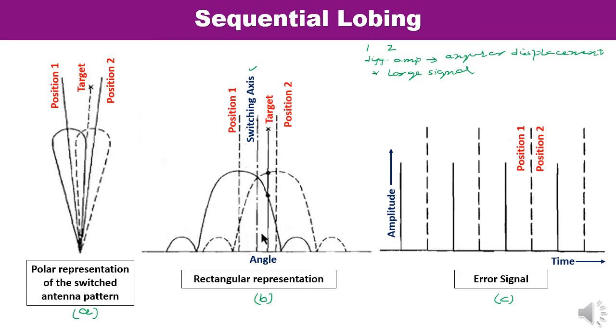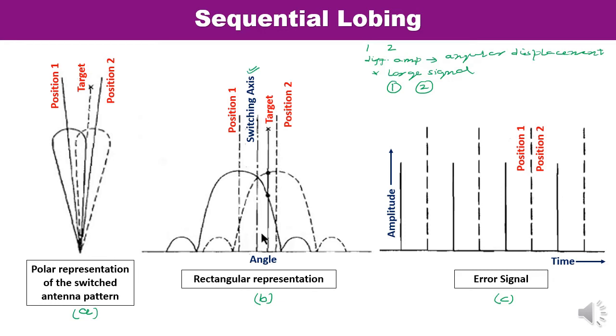When the echo signals in the two beam positions, 1 and 2, are equal, the target is on axis, that is, on the switching axis. You must remember, when you observe the echo signal at these two beam positions and they are equal, the target is on axis.